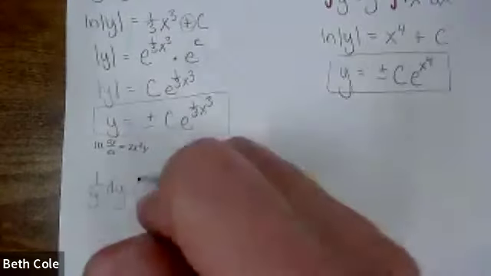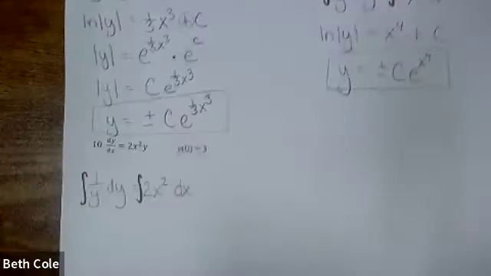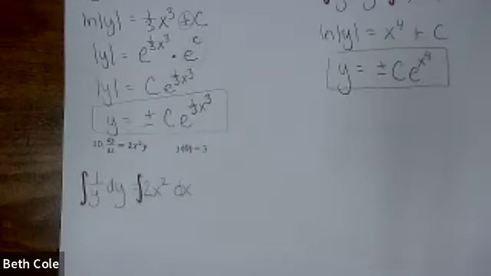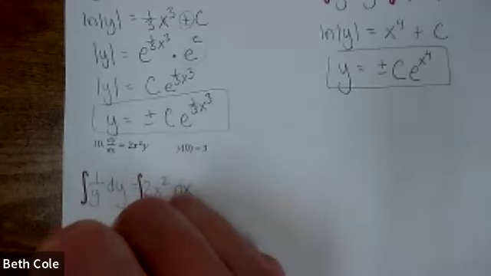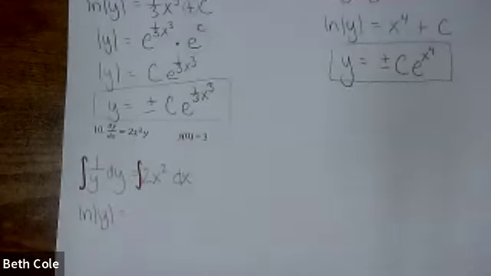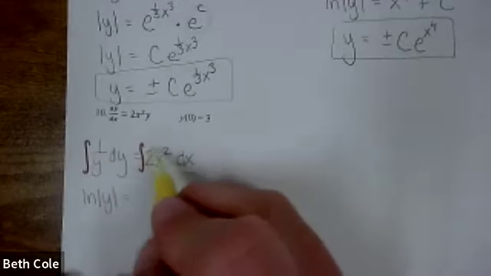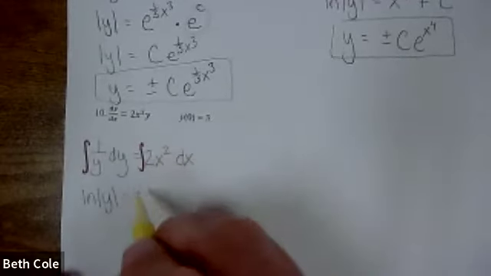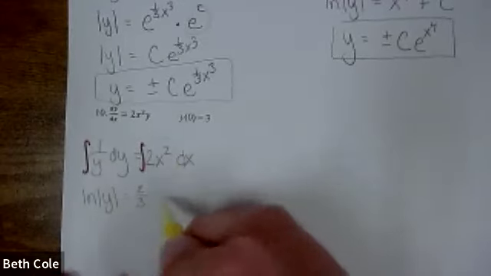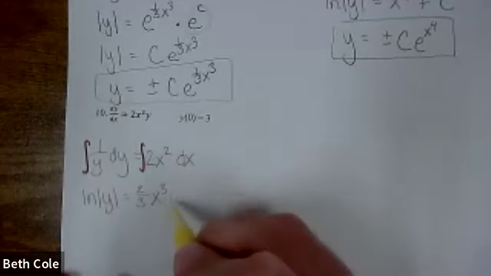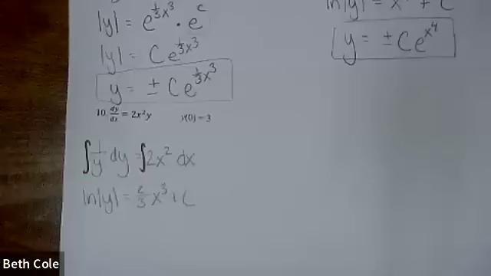Good job. Antiderivative. It'll be, again, ln y equals, and what's your antiderivative for your 2x squared? 2/3 x cubed plus c.